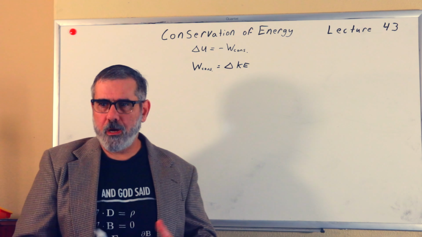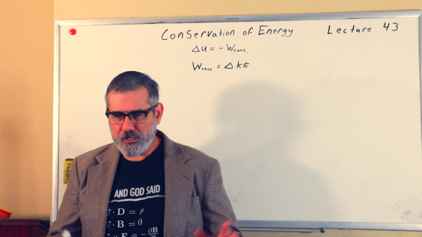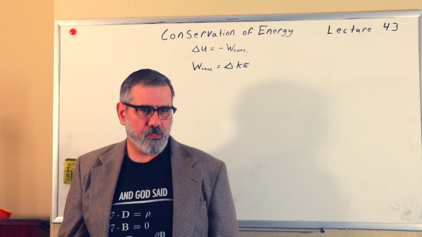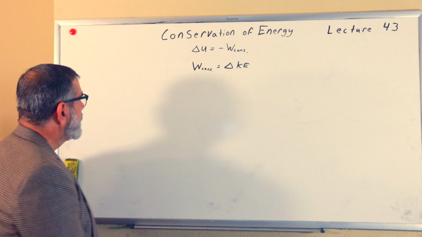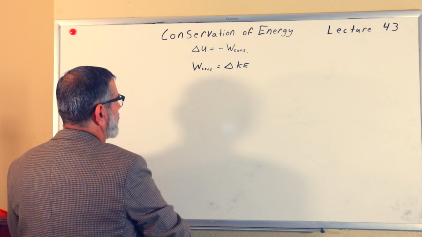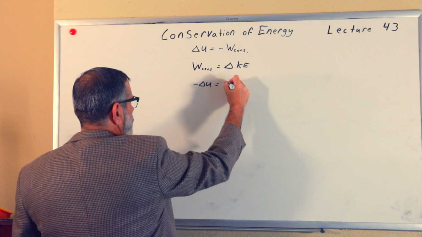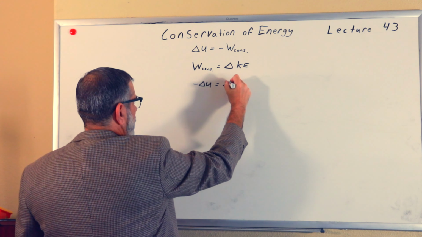If I do work on a system, there's going to be a change in the kinetic energy of the system. If the masses stay the same, then there'll be a change in the velocities. If I now substitute in delta U, I would get minus delta U, because of that minus sign, equal to delta KE. If I add delta U to both sides, I'll be left with delta KE plus delta U equals 0.